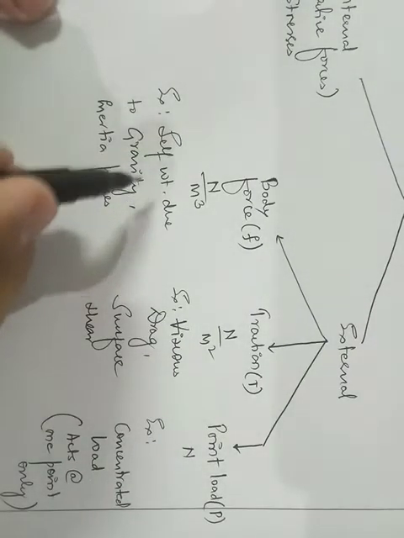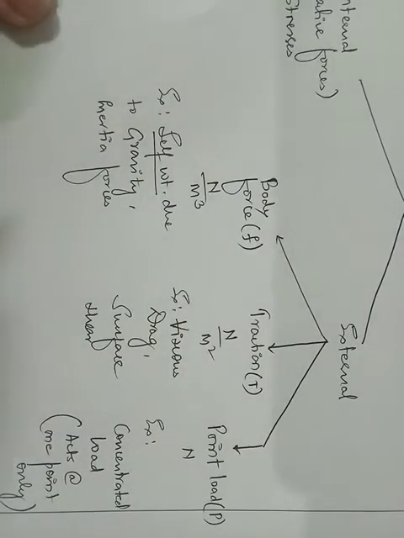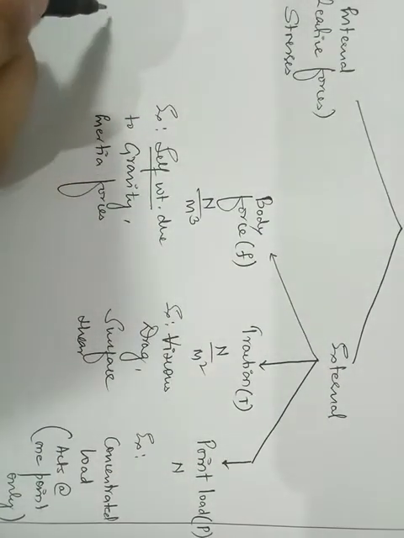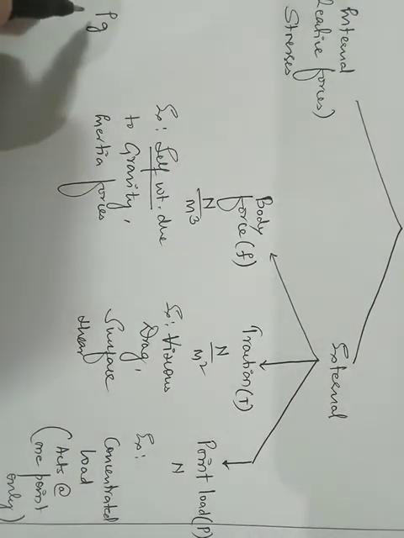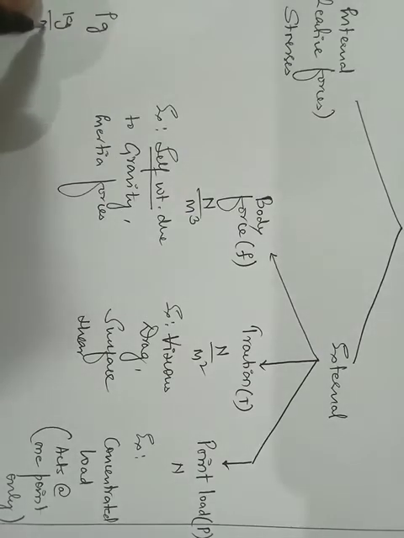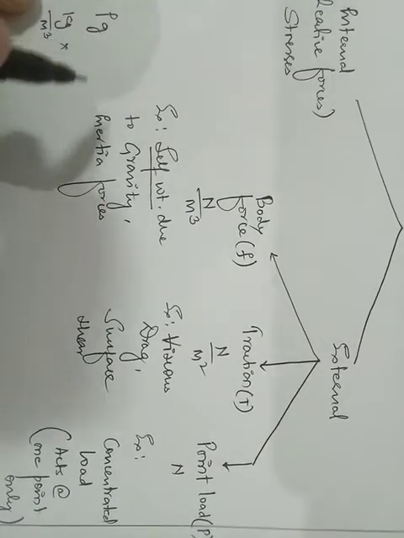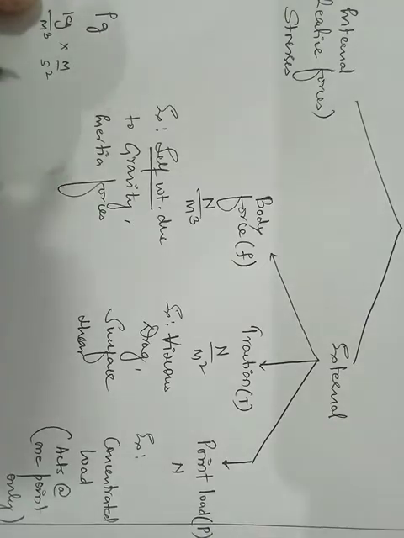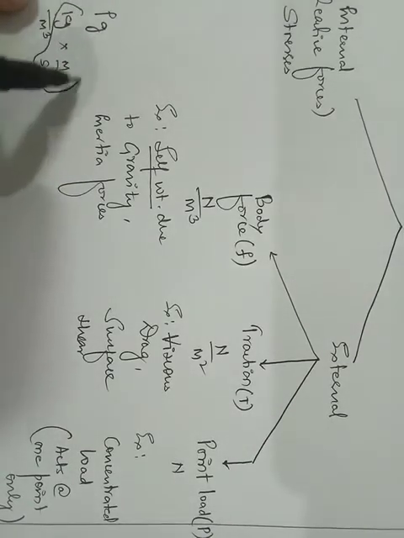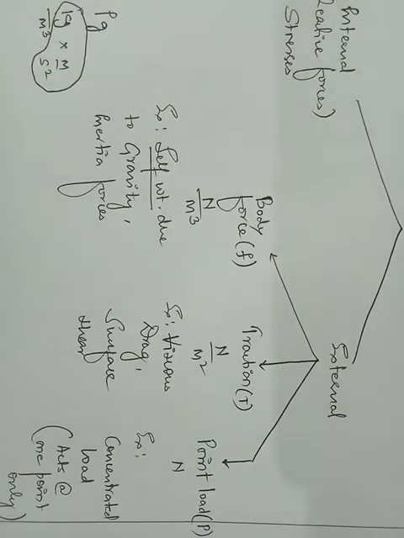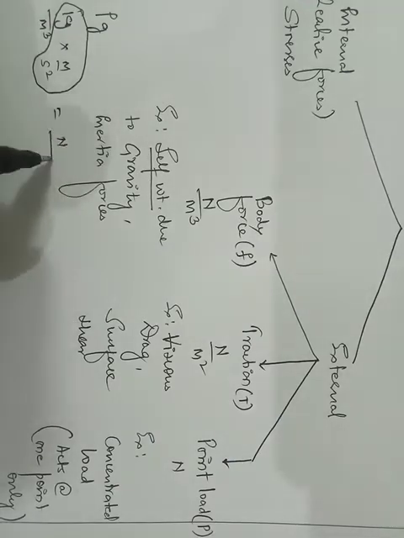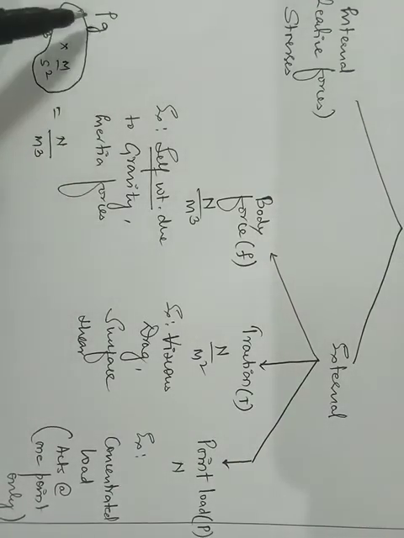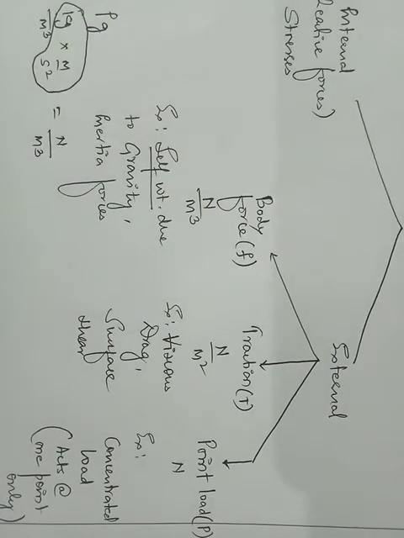Self weight is written in mechanics as rho into g. Unit of rho is kg per meter cube, and g is acceleration due to gravity, meters per second square. Clubbing these, it is mass into acceleration, F equals m into a, which is Newton. So Newton per meter cube. Rho into g is nothing but self weight due to gravity.